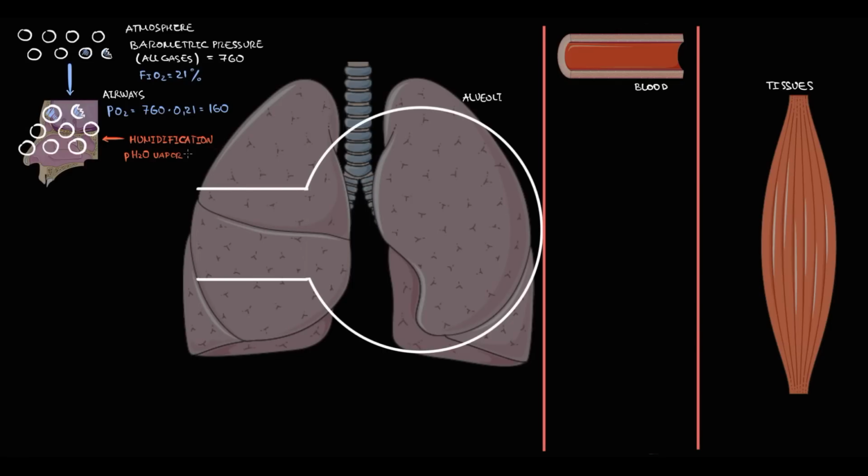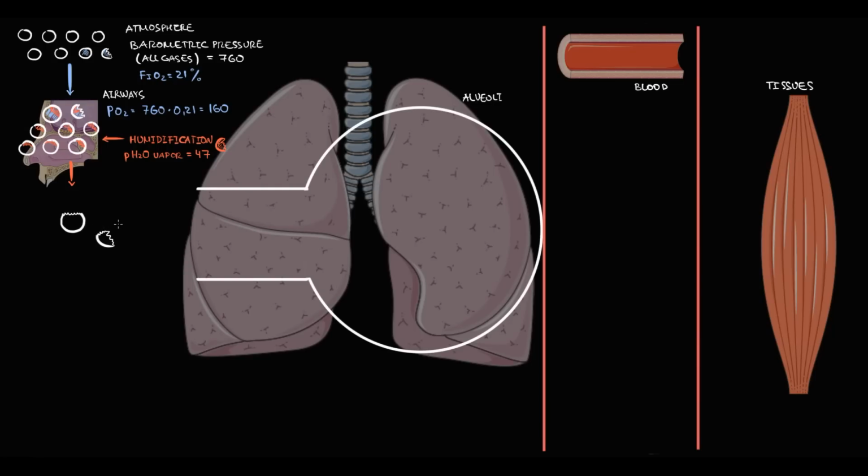As we add water vapor to the mix of gases, water vapor has its own pressure, which is 47. Because of this, water vapor takes up space. It pushes out some other gases, including some amount of oxygen. So we sacrifice some amount of oxygen just to make air more comfortable for our alveoli.